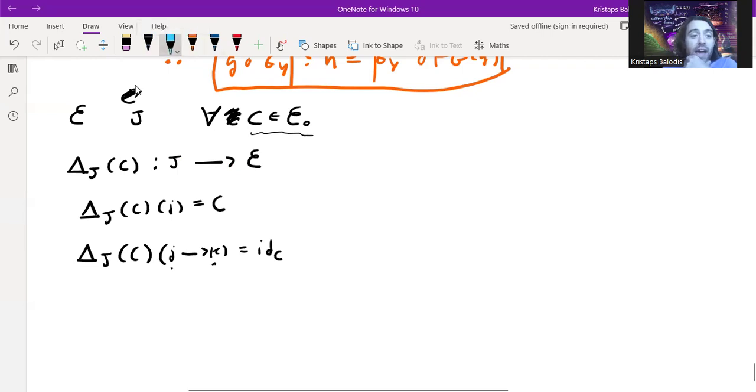So now that we've done that, I claim that this process of sending objects C of my category to these functors delta sub J is itself functorial. What do I mean by that? Recall that we have a notion of morphisms between functors. We actually saw that in our definition of a sheaf.